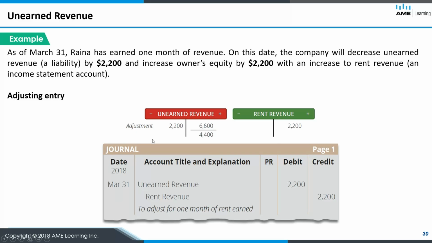Like we talked about a couple of slides back, we're going to debit that liability to reduce it by 1/3 of the $6,600, and then we're going to credit revenue. The resulting impact is that we reduce this liability, which was originally for 3 months on March 1st. Now at the end of March, we reduce it by 1/3, so the ending balance will be $4,400, representing 2 additional months that the tenant will be there.